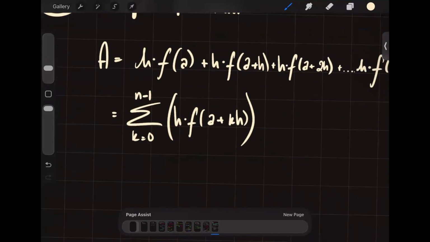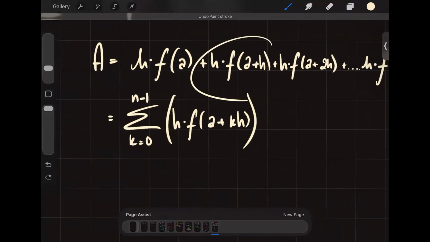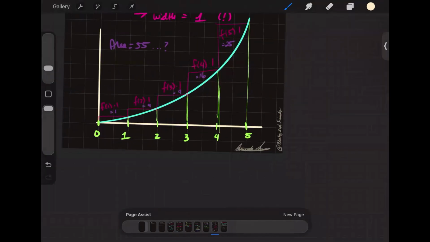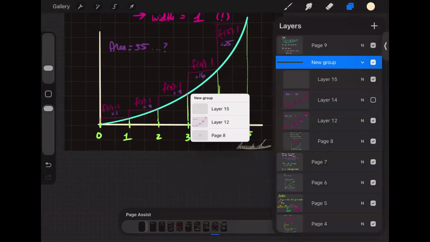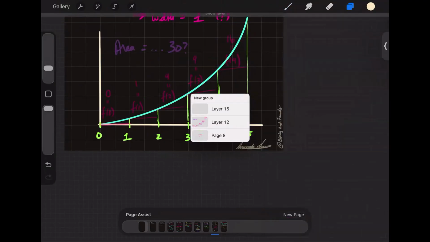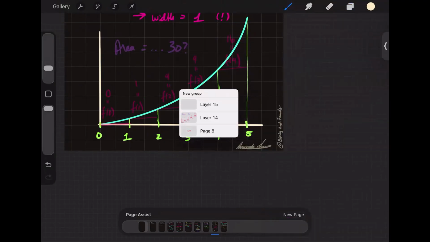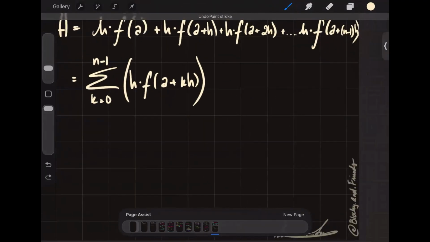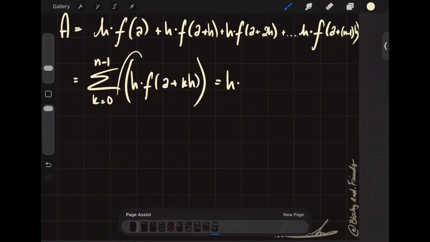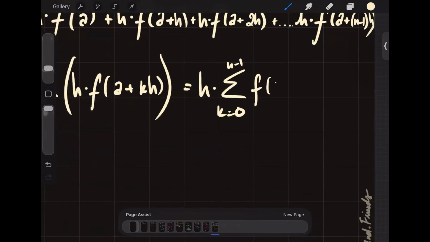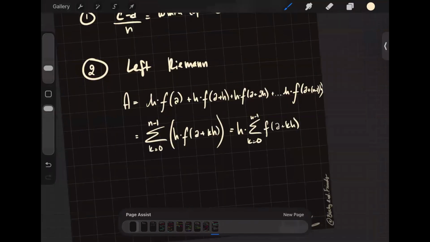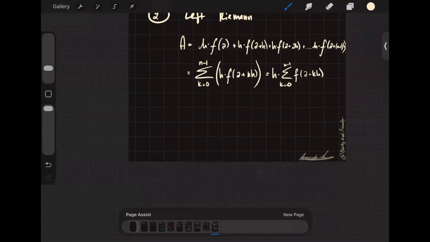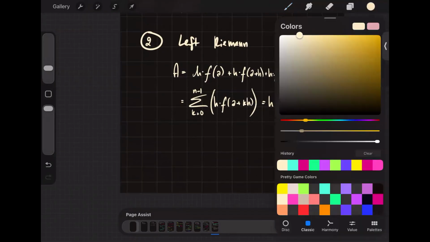Easy, right? You're saying this is plus 0 width, plus 1 width, all the way up to n minus 1 width, because you want the left endpoint. You don't even have to have this h hang out. You can factor it, it's a constant: h times the sum from k equals 0 to n minus 1 of f of a plus kh. Easy. And this is all you need for the left Riemann.